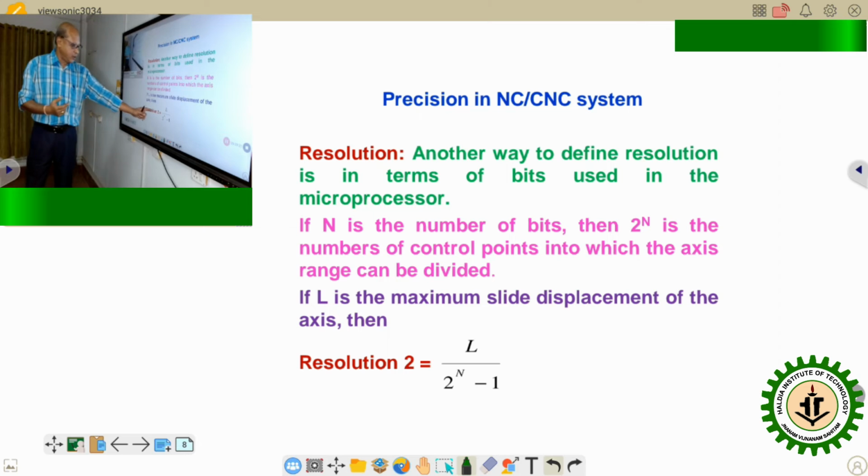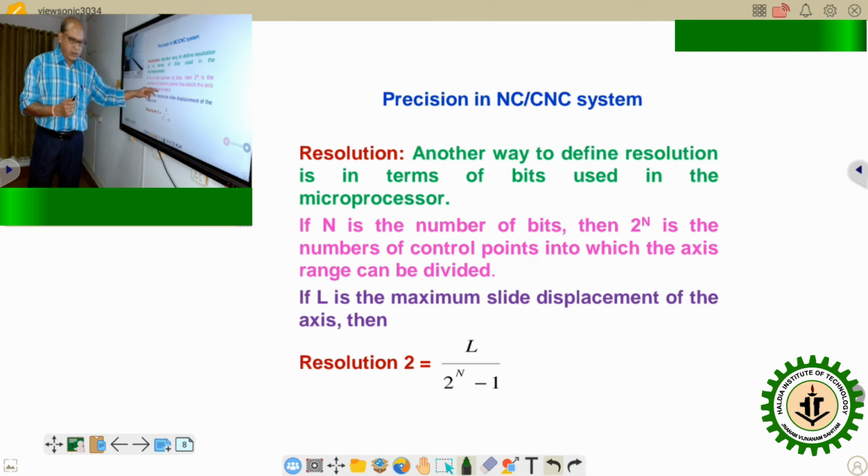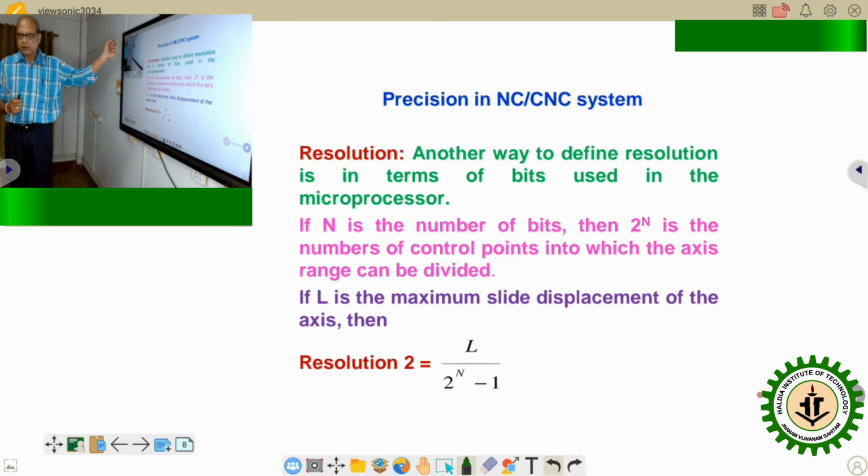But here resolution is expressed in terms of microprocessor bit storage capacity. This is required for interpretation and computation purposes, and that resolution is required for implementation. So if there is a difference, the system will consider only the maximum one.